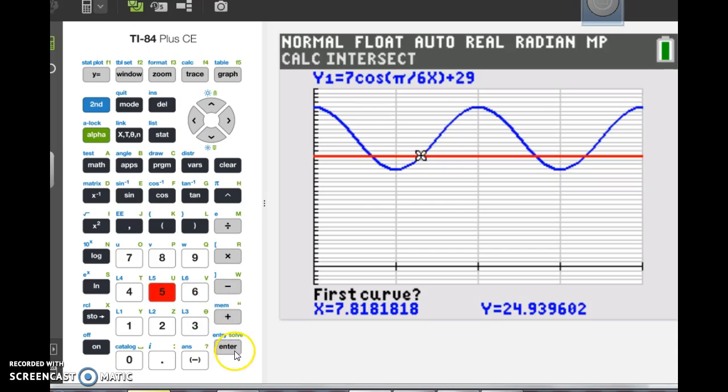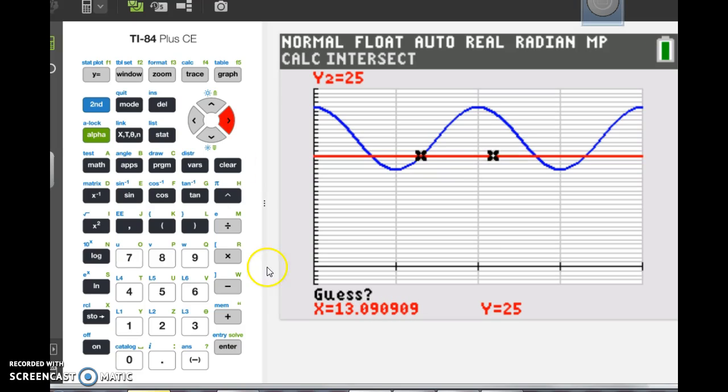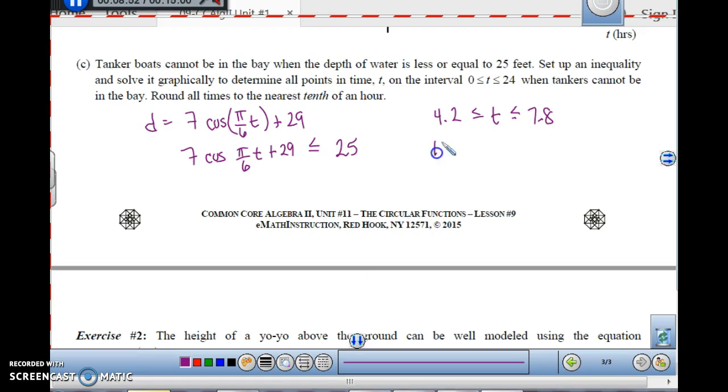So if I do those, intersect, enter, enter, and then move over to here, get close to it. You don't have to be right on top of it, but close to it. Press enter. That's going to be approximately 16.2.